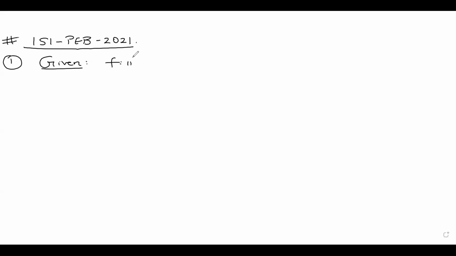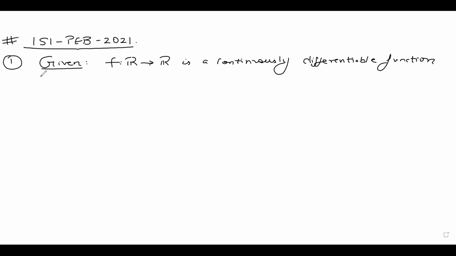We are given that f is a function which maps R to R, is a continuously differentiable function which has at least three distinct zeros.